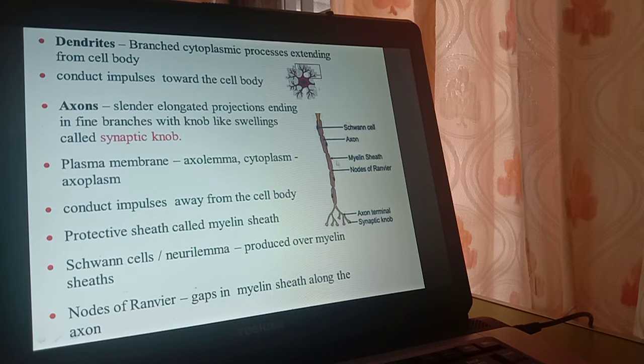Then over this myelin sheath you have a covering which we call the neurilemma or the Schwann cells. And then this is not continuous. The myelin sheath, if you see, is not continuous, but rather gaps are present, and we call this gap the node of Ranvier.